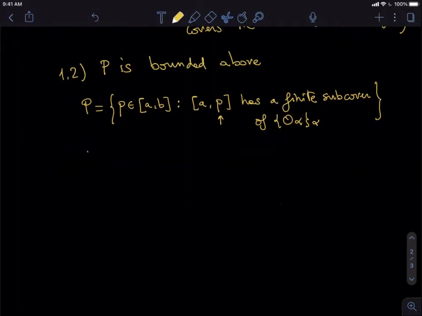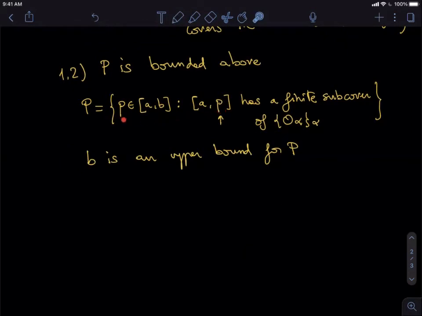Well, B is an upper bound for P. Why is B an upper bound for P?